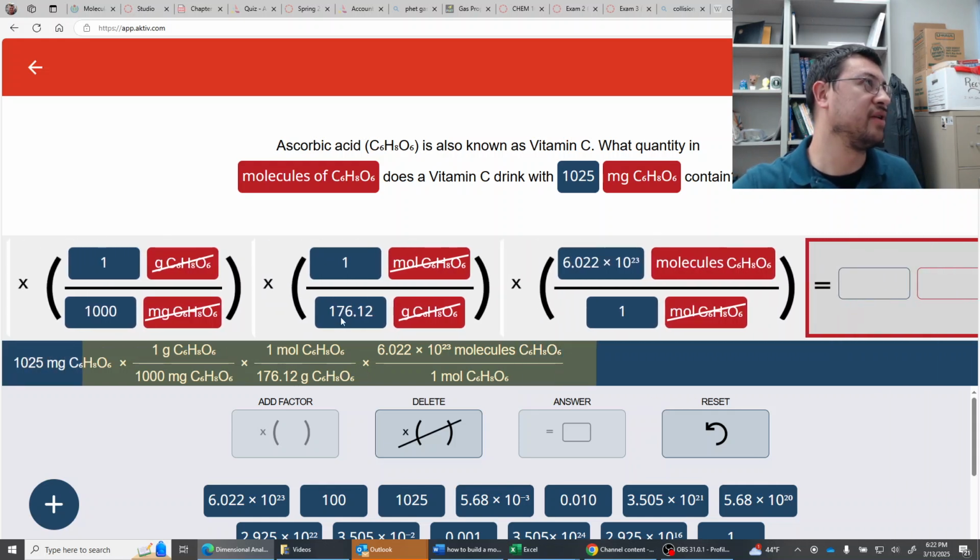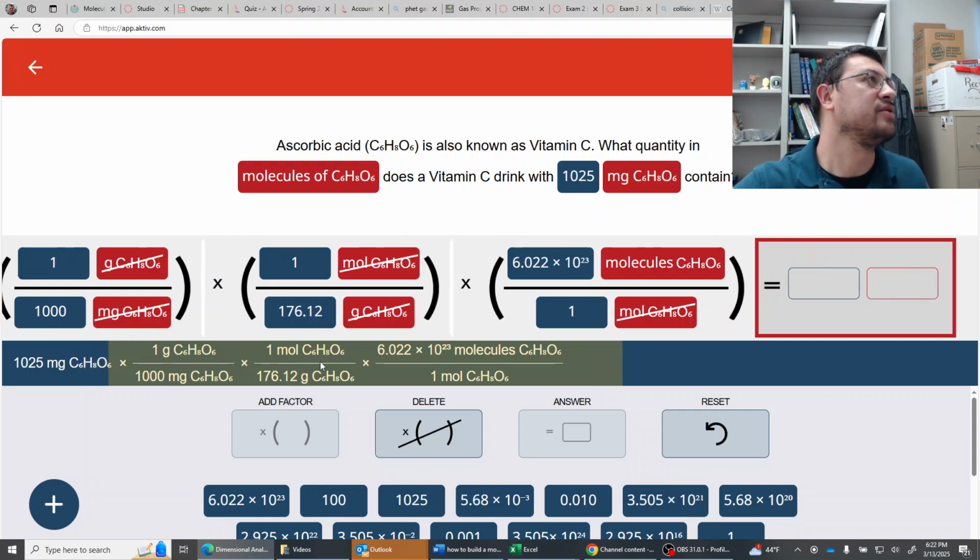That's exact. This conversion factor involves a measurement of molar mass, so that's 5 sig figs there. What I meant to say for this conversion factor is it's a metric system conversion factor, so it's exact. So sig figs don't count, and here we have 4 sig figs, so we're going to go with 4.